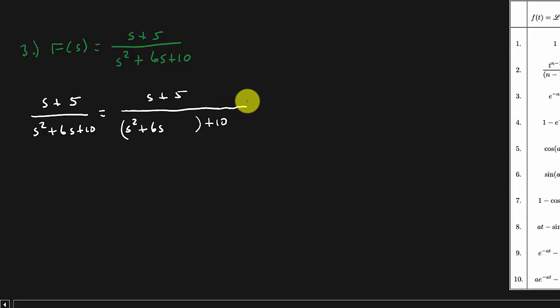Can you guess what we're fixing to do? That's right. We're going to complete the square on this part. So we take half of the 6, which is 3. 3 squared is 9, so plus 9. And then I have to come over here and subtract 9. So this is going to be s plus 5 over, now this factors into s plus 3 squared plus 1. Okay?